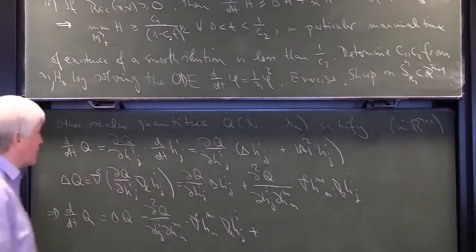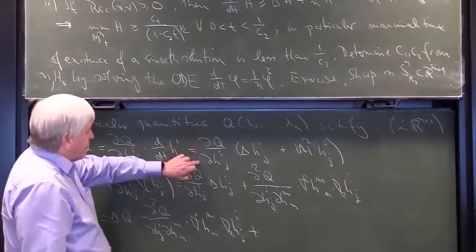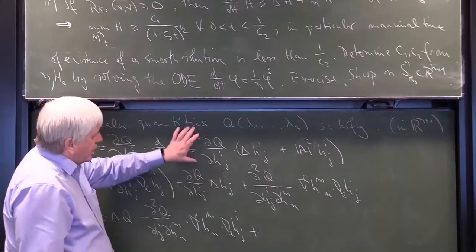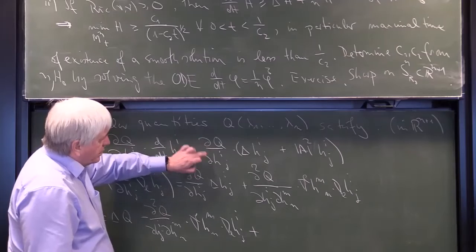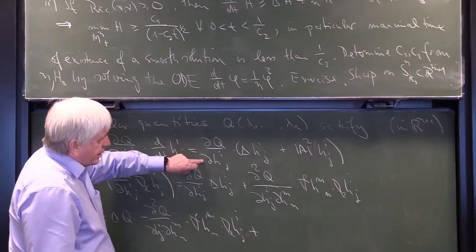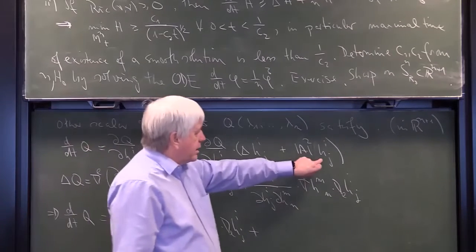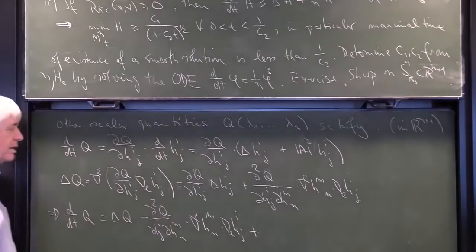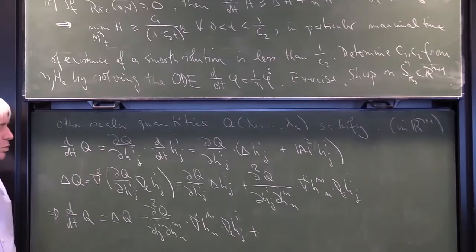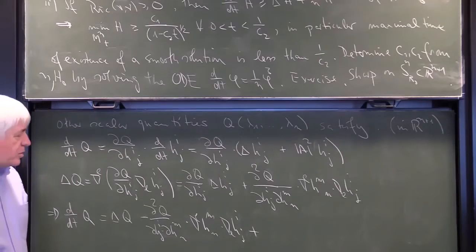And then this term here, if the quantity Q happens to be homogeneous, then here you get the quantity Q back again multiplied with the degree of the homogeneity.